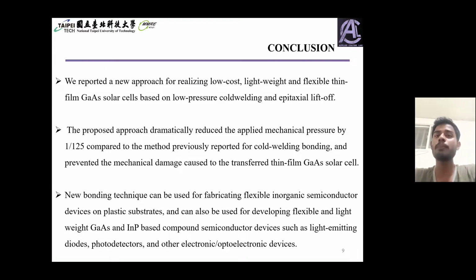The proposed approach reduced the applied mechanical pressure by 1/155 compared to the method previously reported for cold welding bonding, and prevented the mechanical damage caused to the transferred thin film gallium arsenide solar cell.